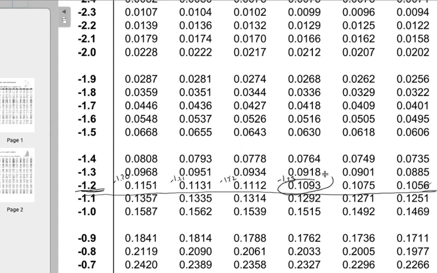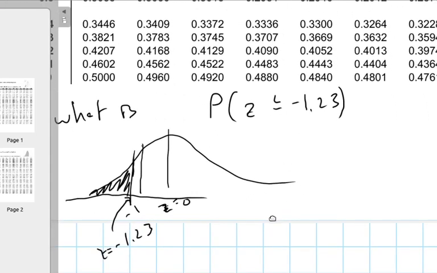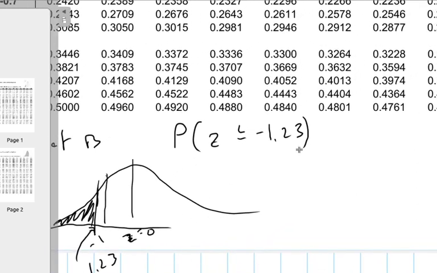This is the one we're actually looking for: 0.1093. So the probability that we are to the left of negative 1.23 is 0.1093.